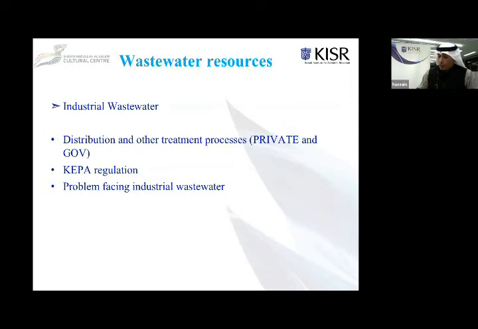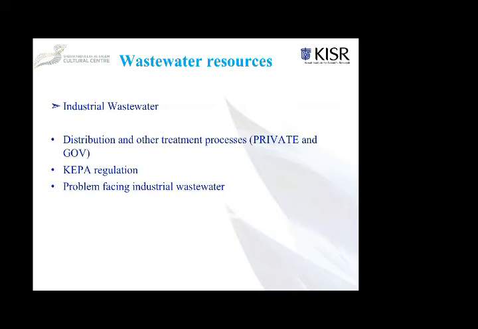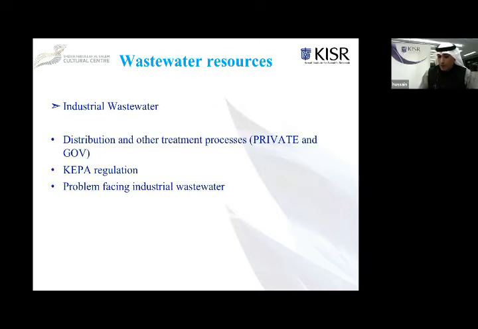Of course, industrial wastewater also has some issues to focus on, because none of them is connected to the public sewer network, so they have to have their own treatment plant. The KEPA regulation, Kuwait Environmental Public Authority regulations, back in 2008, stated that each factory or establishment needs to have a pre-treatment in order to discharge their wastewater.